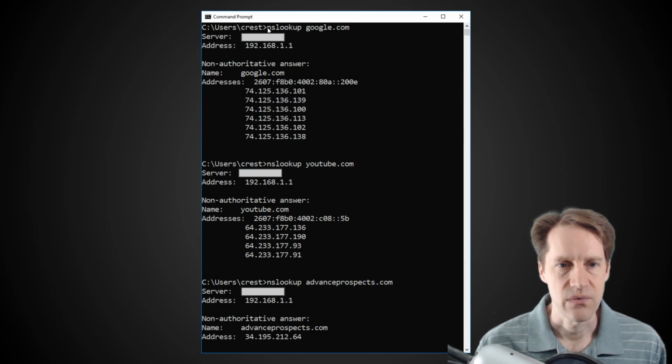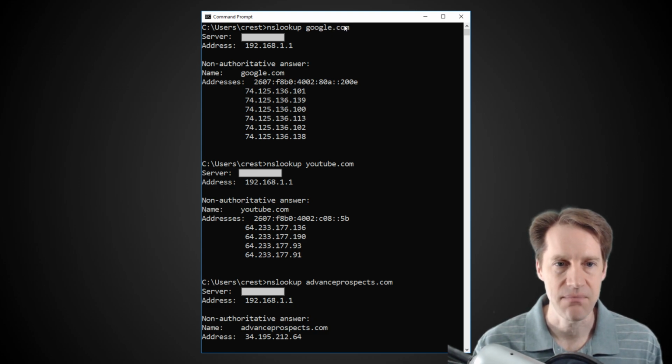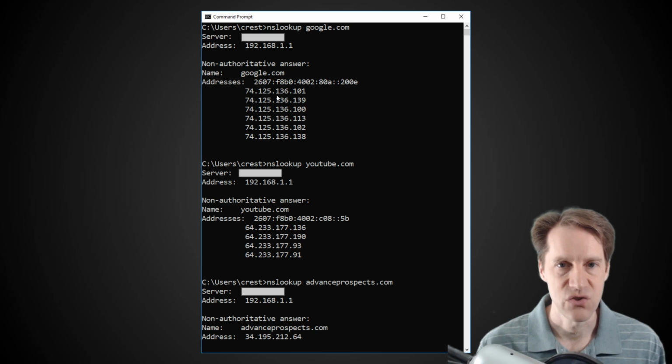So earlier I typed in, this is a command prompt in Windows, nslookup google.com. And what that does is it does a name service lookup for that name. It goes to the DNS system and asks, okay, what IP addresses are associated with it? And again, you see it returns multiple IP addresses that we can contact to be able to communicate with google.com.